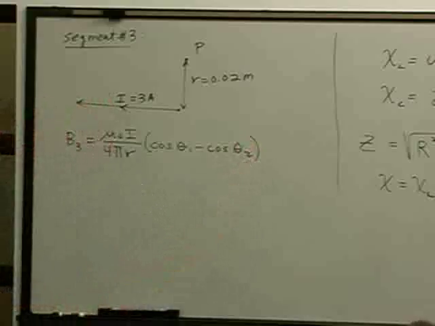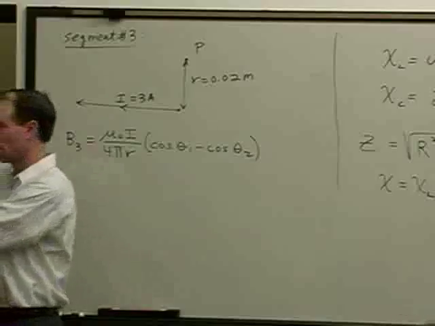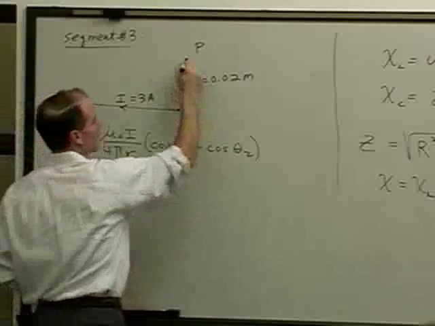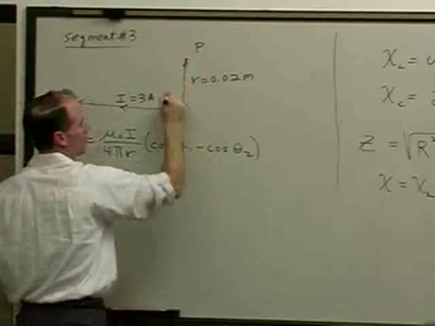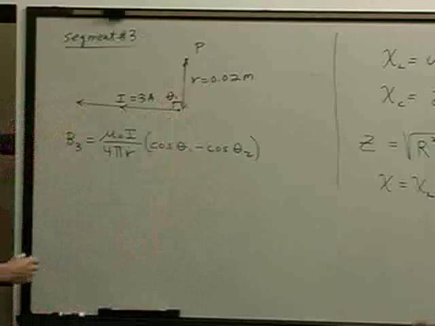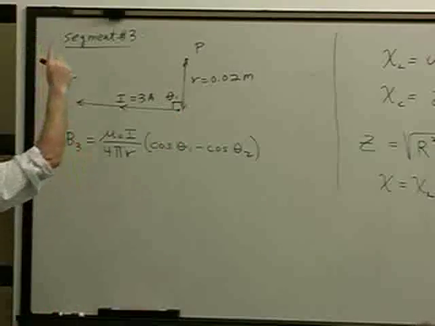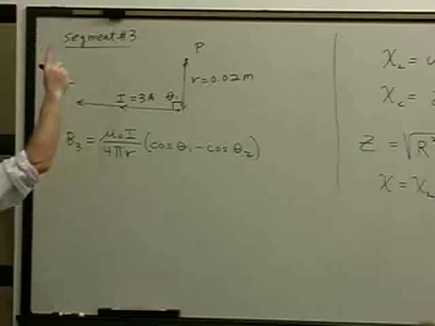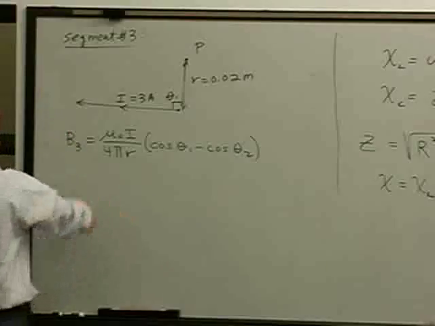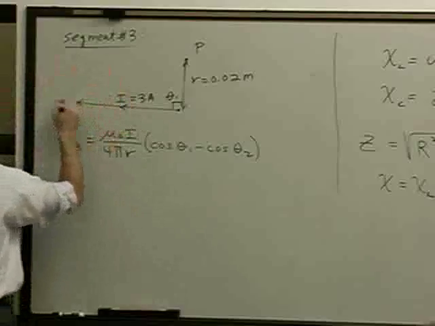So theta 1 is the first angle between the current direction and the vector to the point, from that end of the current. And theta 2 is from the direction of the current and the vector that leads to the point.